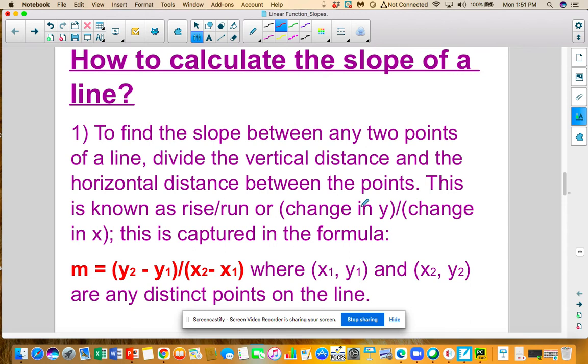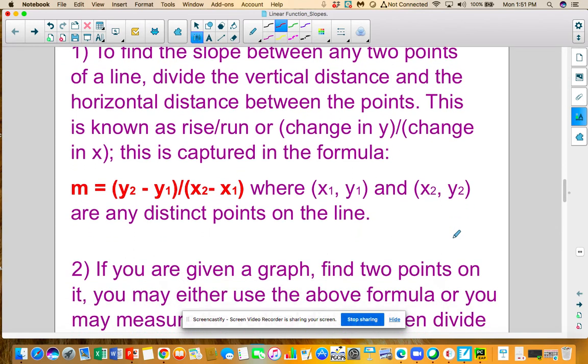This is known also as change in y, meaning vertical change, over change in x, horizontal change. So if you take any 2 points on the line, x1, y1, the first point, and x2, y2, the second point, then you can use this formula right here to find the slope.